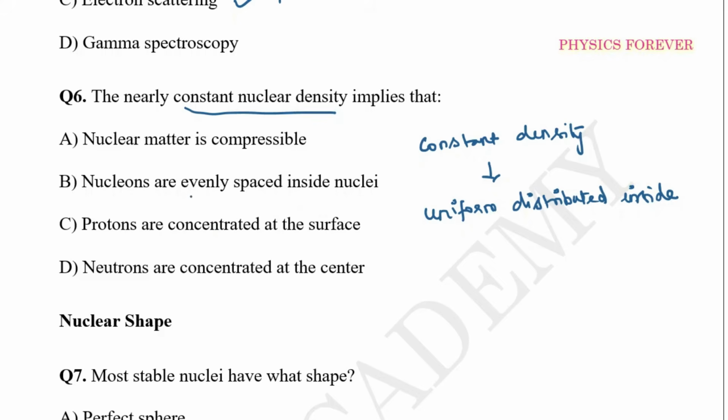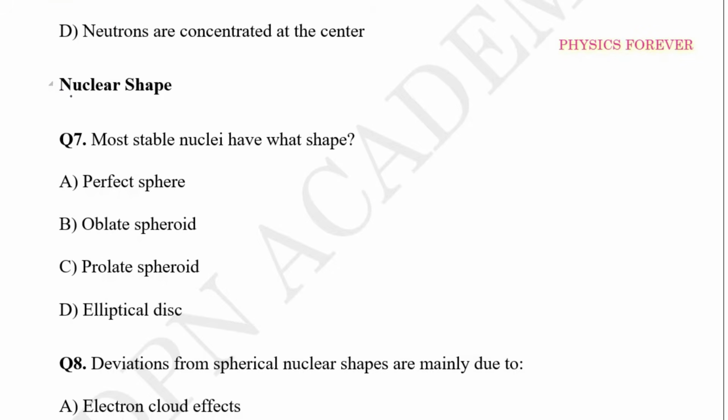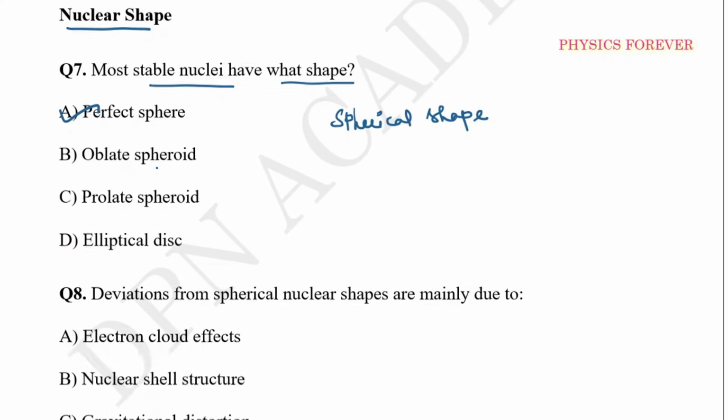They should be uniform, evenly spaced inside the nucleus. So option B is correct. Okay. So next is the nuclear shape. The most stable nuclei have what shape? Easily, most nuclei are of spherical shape. The answer will be perfectly spherical. Okay. So the most stable nuclei are nearly spherical.